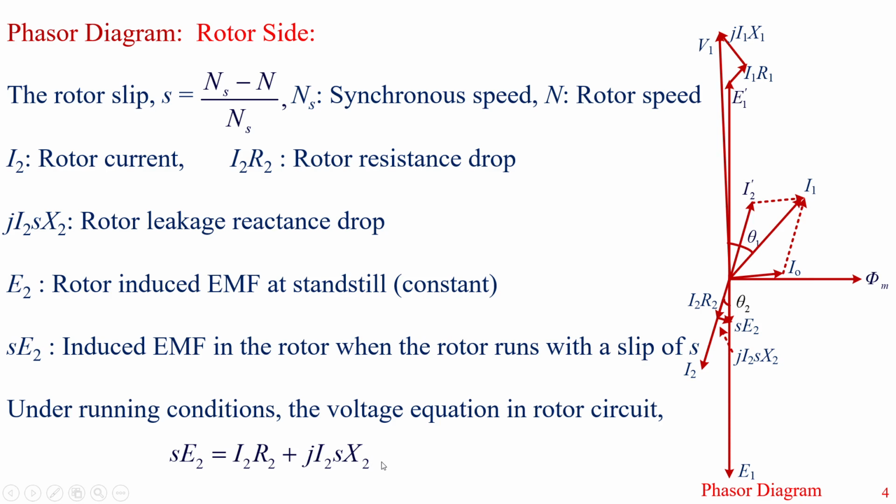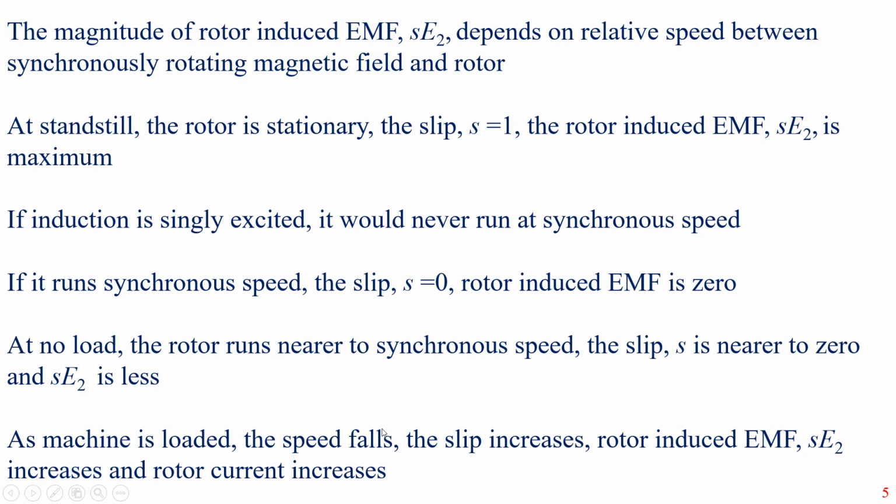As the rotor windings are short circuited, the rotor terminal voltage is 0. The magnitude of rotor induced EMF SE2 depends on the relative speed between synchronously rotating magnetic field and rotor.